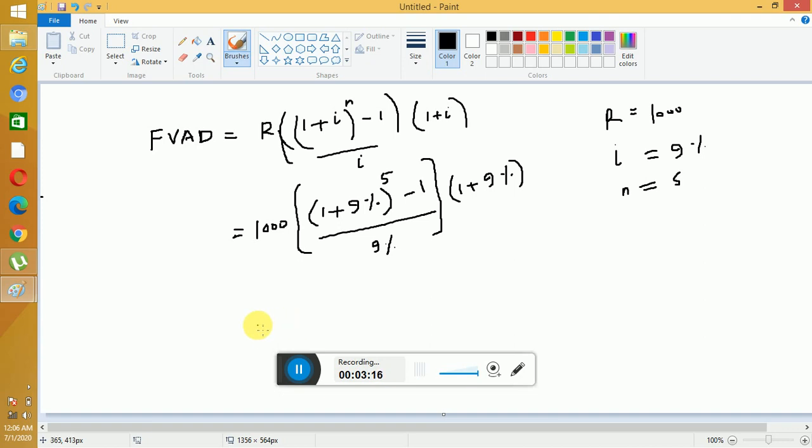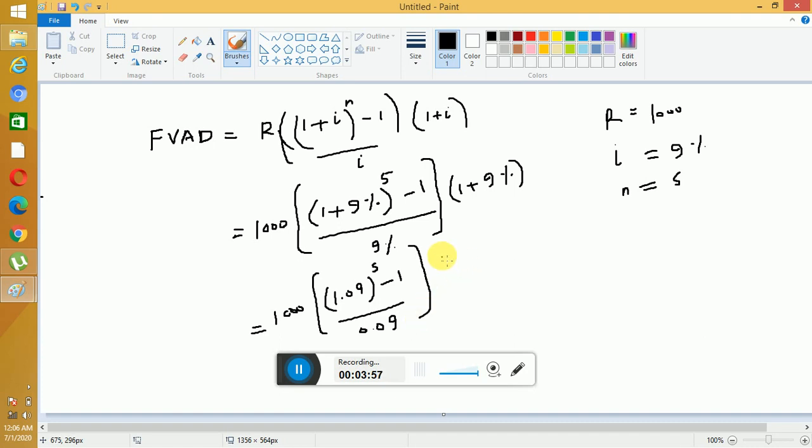Now for calculation: 1000, open, 1 plus 9% means 1.09 raised to the power 5, minus 1, whole divided by 9% means 0.09.